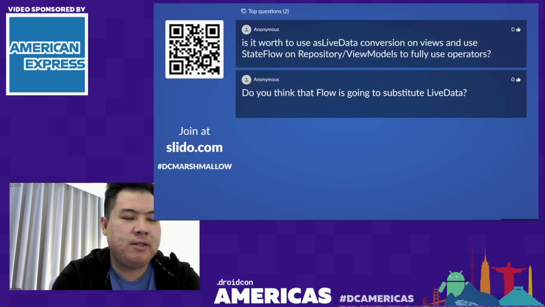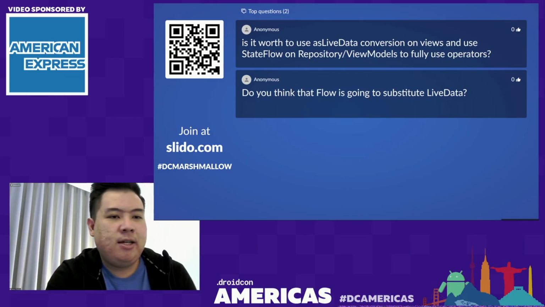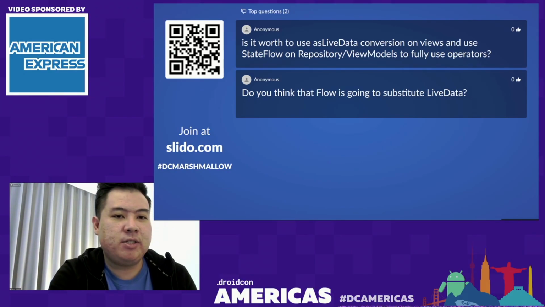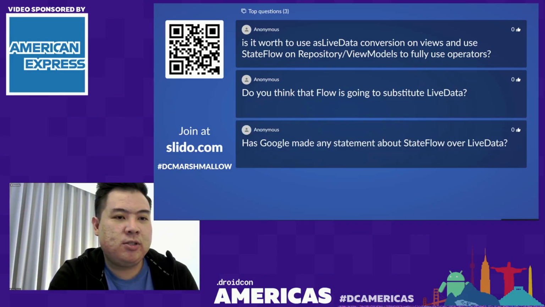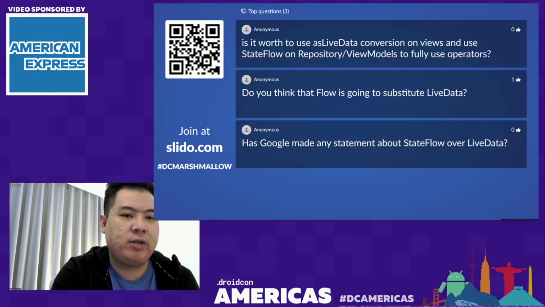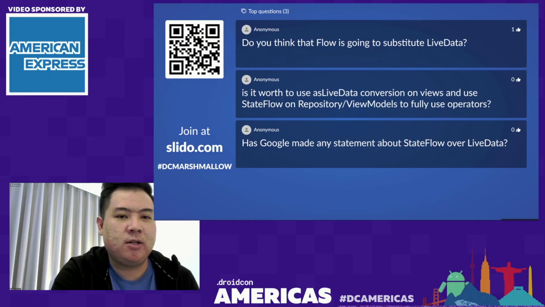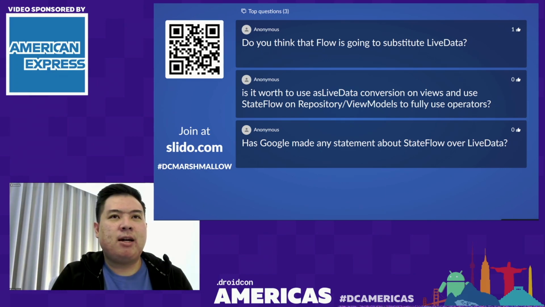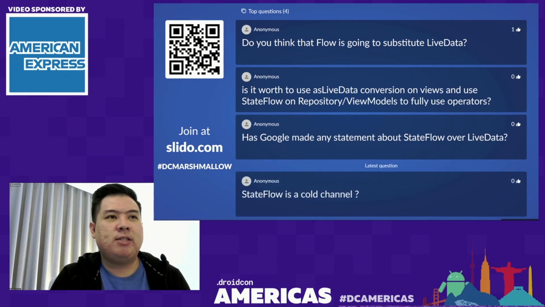Okay, the first question is: is it worth it to use asLiveData conversion on views and use StateFlow in the repository or view model to fully use the operators? Actually, I see there is no reason to use asLiveData, because we can actually collect data with StateFlow.